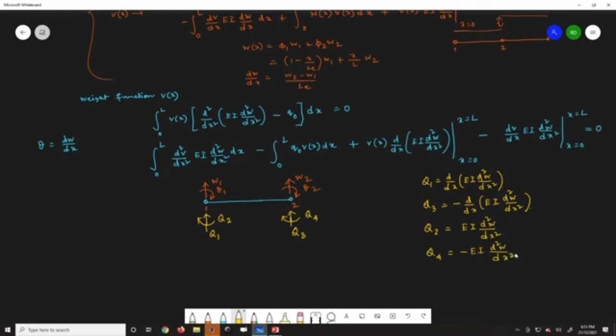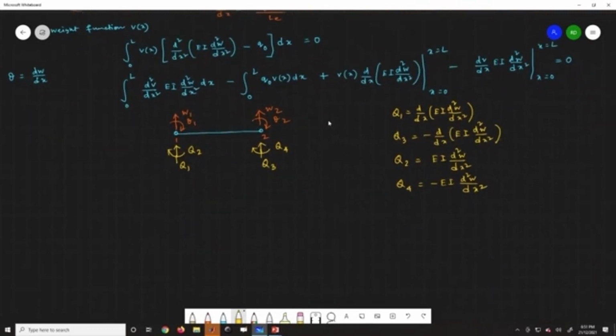So now if I substitute these notations in this equation, how will my weak form look? My weak form will look like this.